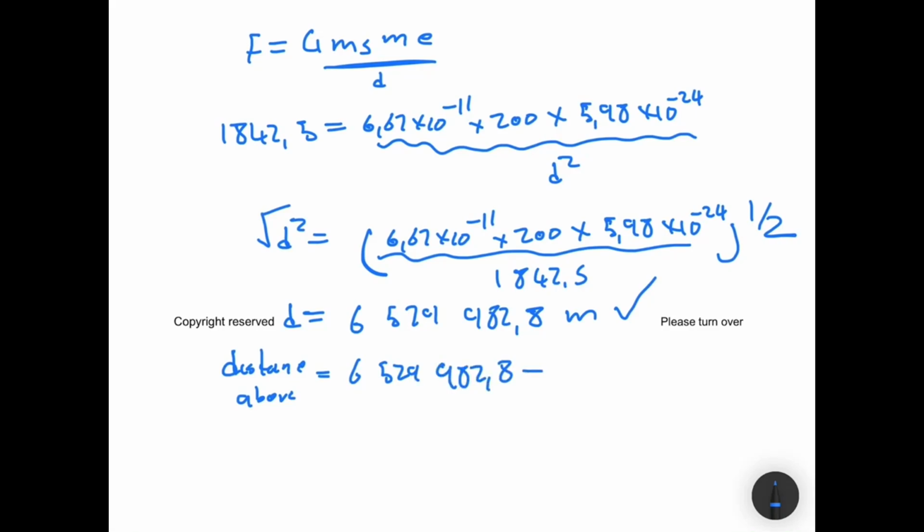The radius of the Earth is a constant, 6.38 times 10 to the 6 meters. So your answer is 1.9998 times 10 to the 5 meters.